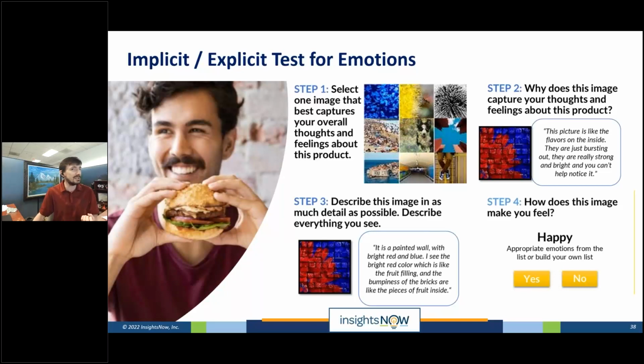The specific image they pick doesn't really matter as long as it's metaphorical and not hyper rational. So as long as you take out images of burgers and cheese and sauces and buns and stuff, and you have no food images in there, as long as you're taking all those rational images out of a set of images, you can use these metaphor-based images to get a good projection.